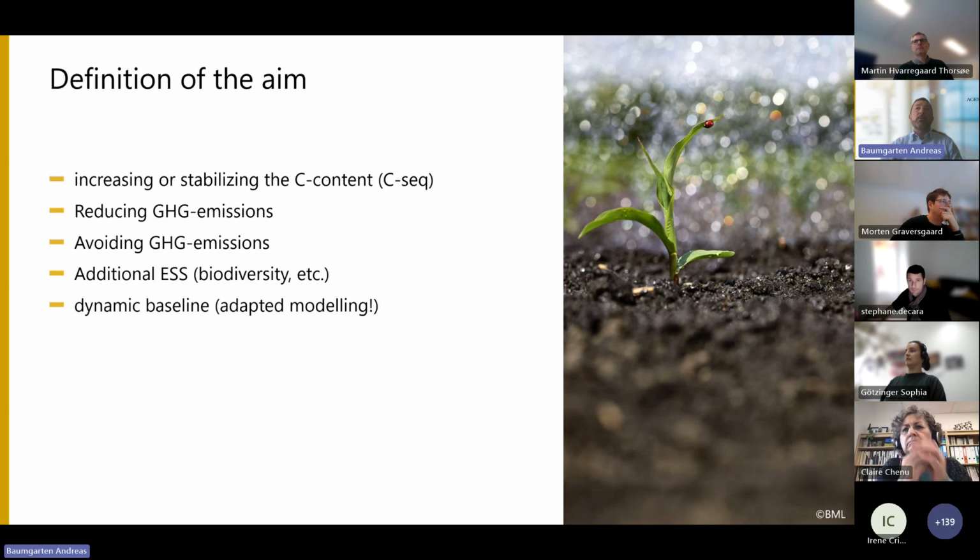However, as we also have heard before, this to some extent is not the main aim. So the ecosystem services are not so much in the focus. And as I've just pointed out, I would prefer to have a kind of a dynamic baseline, which takes into account the natural developments of the individual local situations that we have.